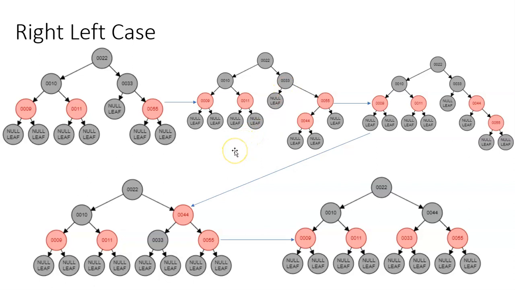In this case, we do a right rotate on the parent, which is node 55. Then, just like the right-right case, we do a left rotate on the grandparent, which is node 33. Afterwards, we swap the colors of the grandparent node and the node that we inserted, because we cannot have a red node having a red child.